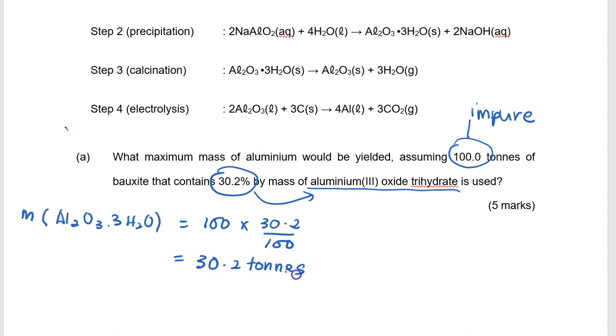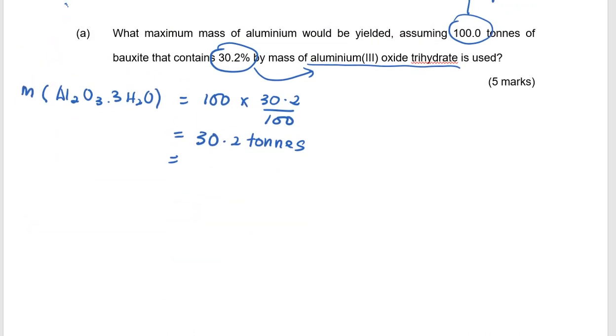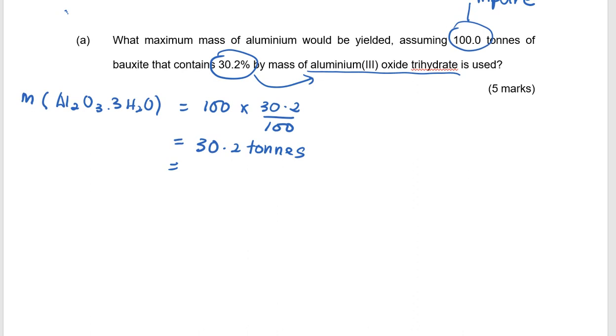Now make sure you convert this to grams, because your next calculation involves the number of moles, so you have to use mass in grams. 30.2 tons is 30.2 times 10 to the power of 6 grams. Next you have to find the number of moles of aluminium oxide trihydrate used. Only then can you identify how many moles of aluminium were produced based on the equation.